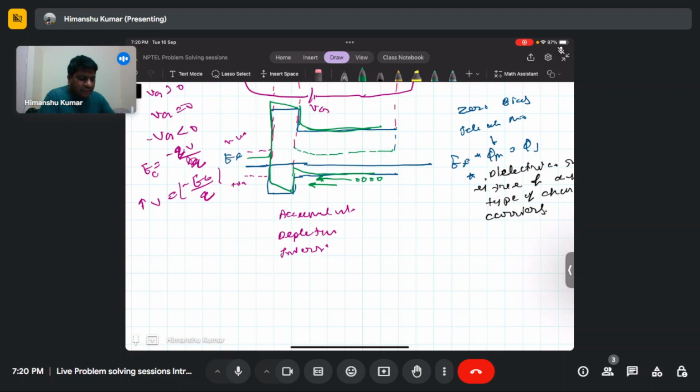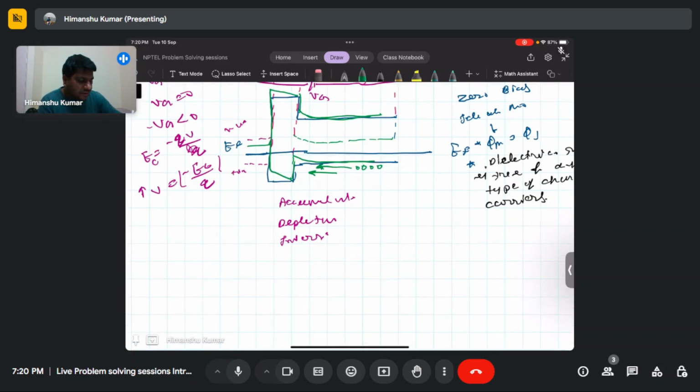And what happens is that the charge density rho of x is proportional to some constant times exponential of minus Eg by kT by q.